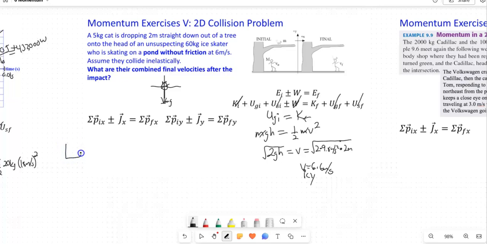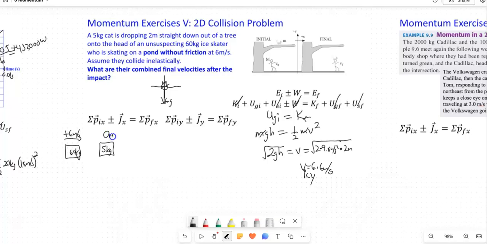So here we have the skater, which is 60 kilograms. He or she, since it's autobiographical, it's me. He's moving to the right at 6 meters per second. Now the kitty cat, when he's falling, is not moving in the x direction at all.